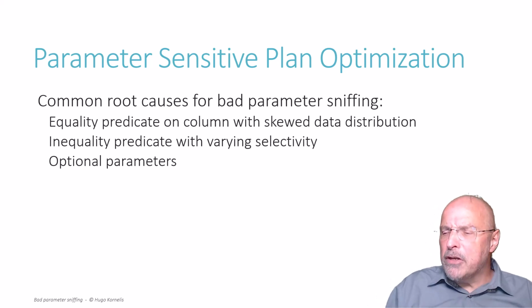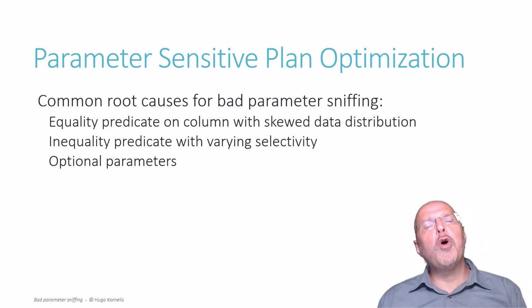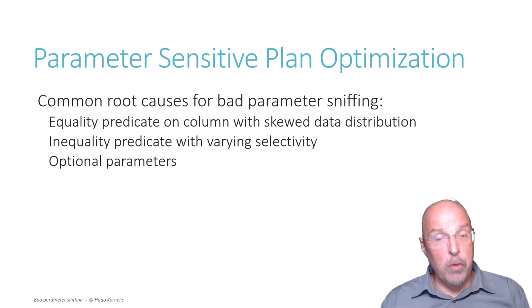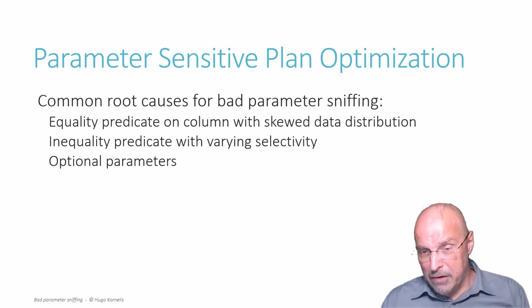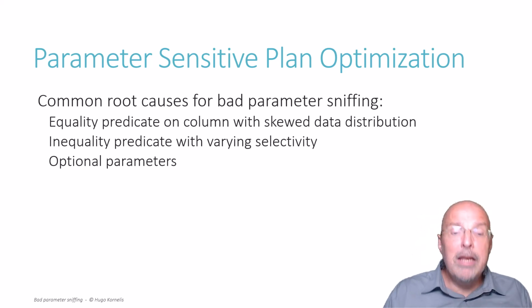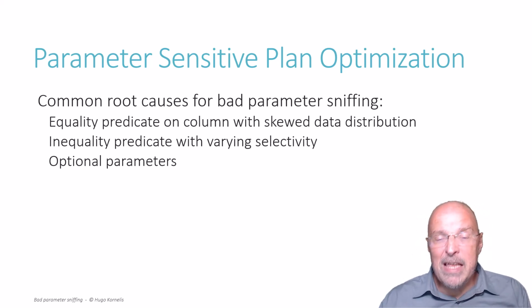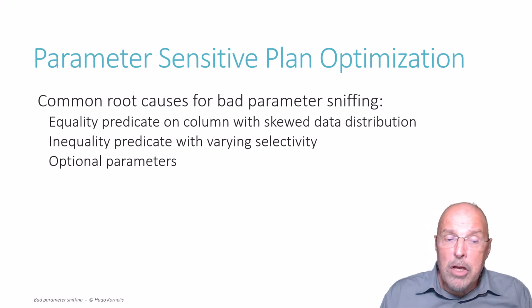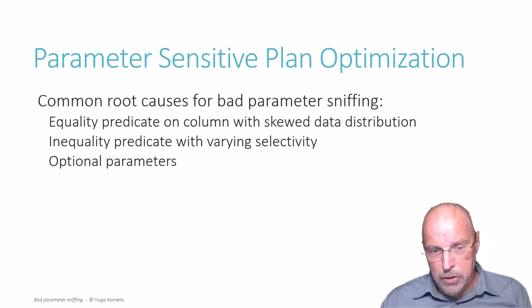So in that previous video, I mentioned the three common root causes for bad parameter sniffing. An equality predicate on a column that has a very skewed data distribution. An inequality predicate where the selectivity varies between executions. And procedures with optional parameters.